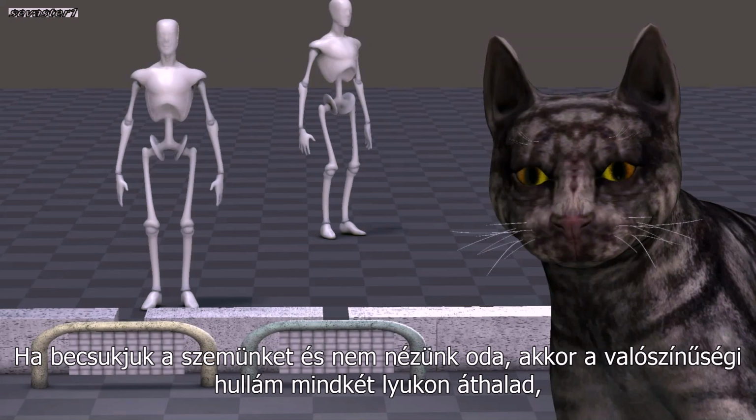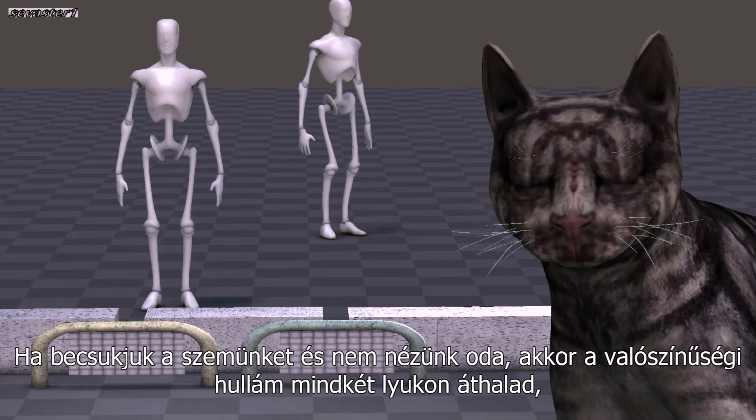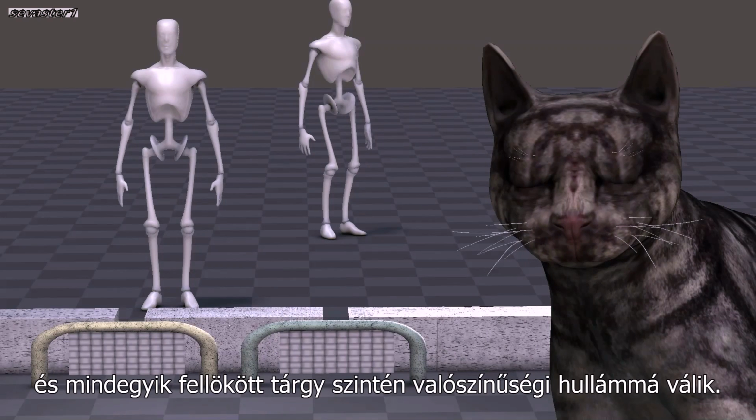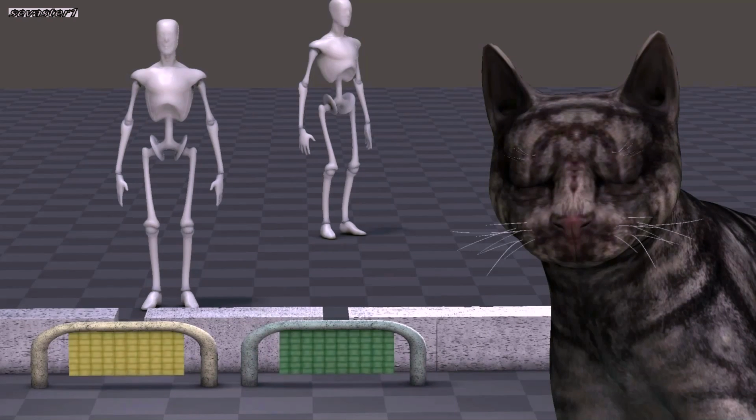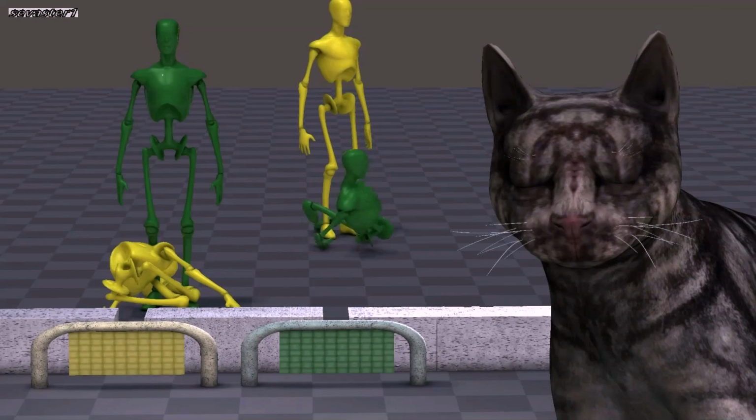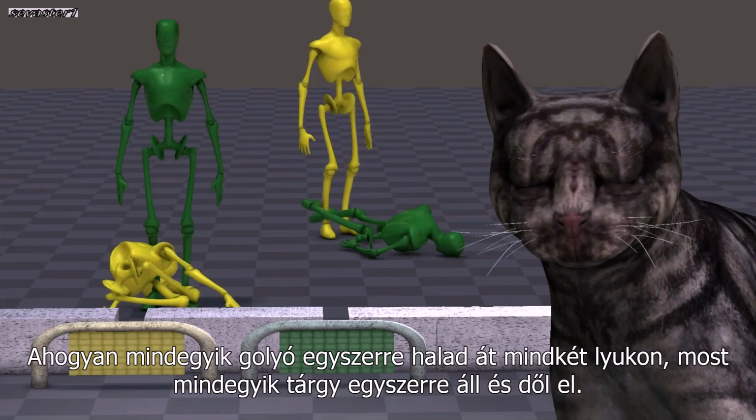If we close our eyes and don't look, then the wave of probability passes through both holes, and each object being knocked down also becomes a wave of probability. Just as each marble simultaneously passes through both holes, each object is now simultaneously both standing up and knocked down.